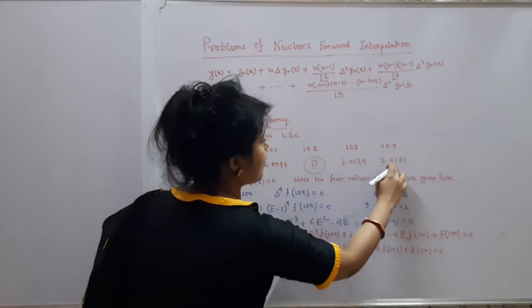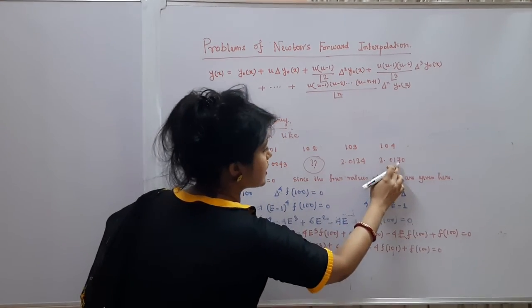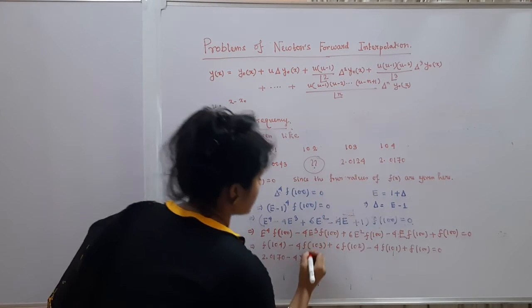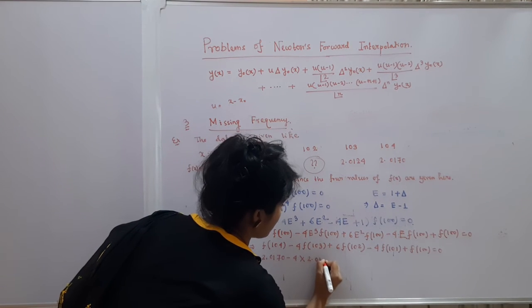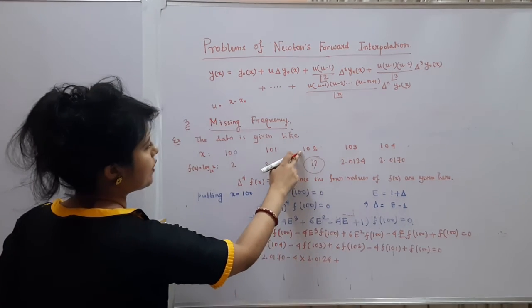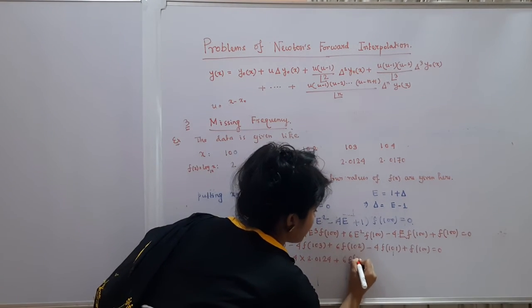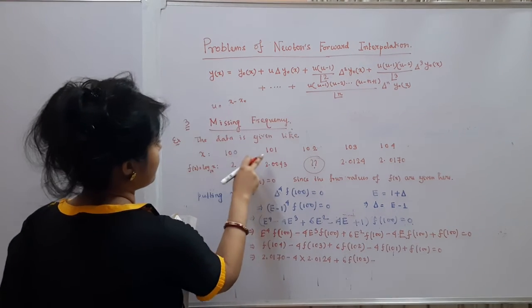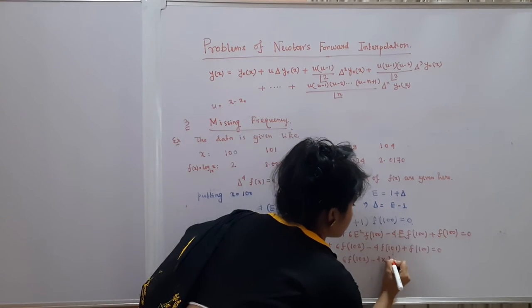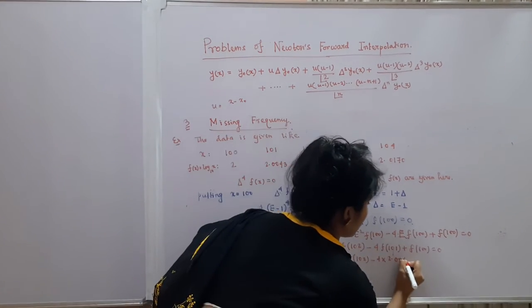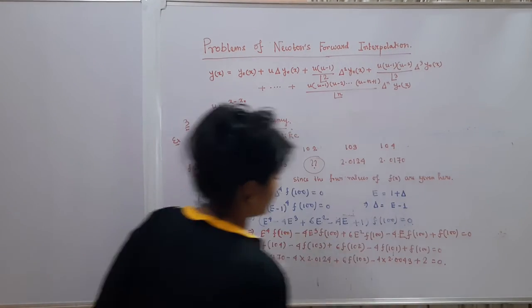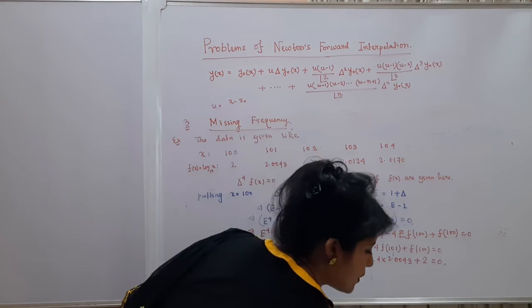So f of 104 is 2.0170, minus 4 into f of 103, which is 2.0124, plus you need to find out this one, 6 f of 102. Now f of 101 is 4 into 2.0043, and finally f of 100 is 2. So now I can just compute them.